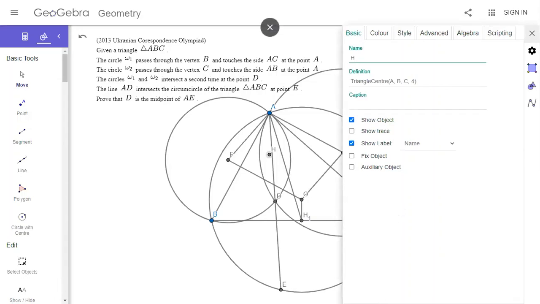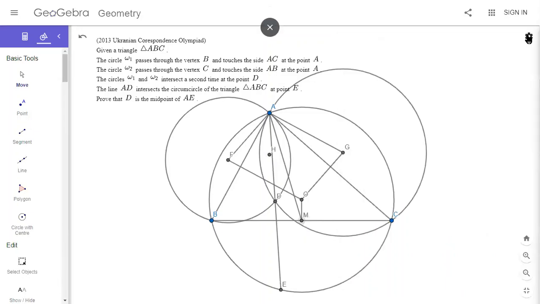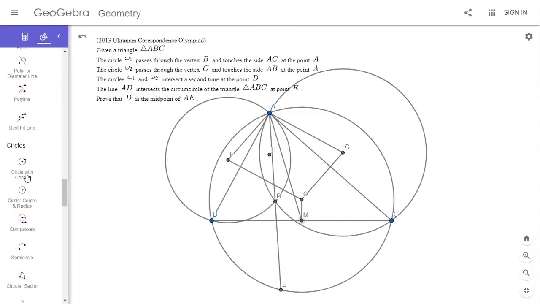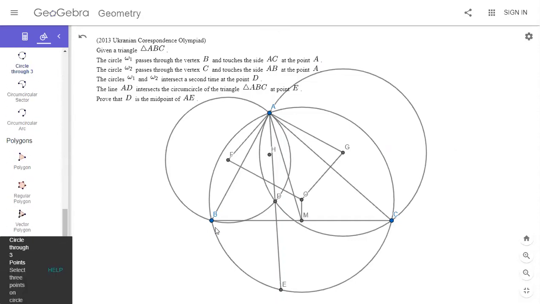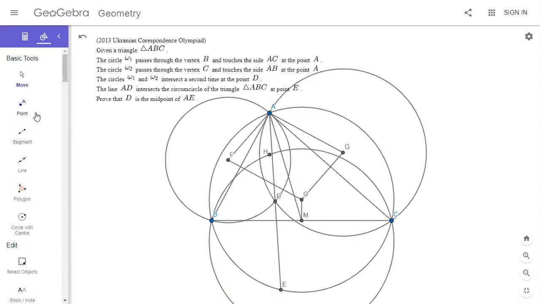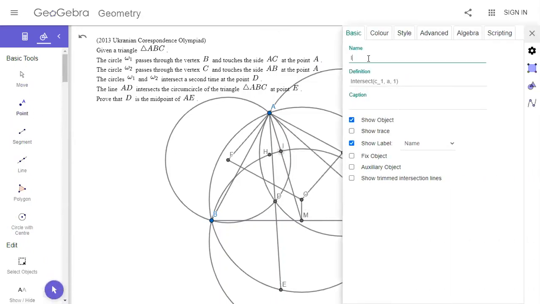All right, so that's H. And this is M. And if we take the perpendicular, so actually, I'll do it this way just because I'm lazy. So a property of the Humpty point is that it's cyclic with BH and C. So I don't want to call it I, I'll call it J. J is the Humpty point.